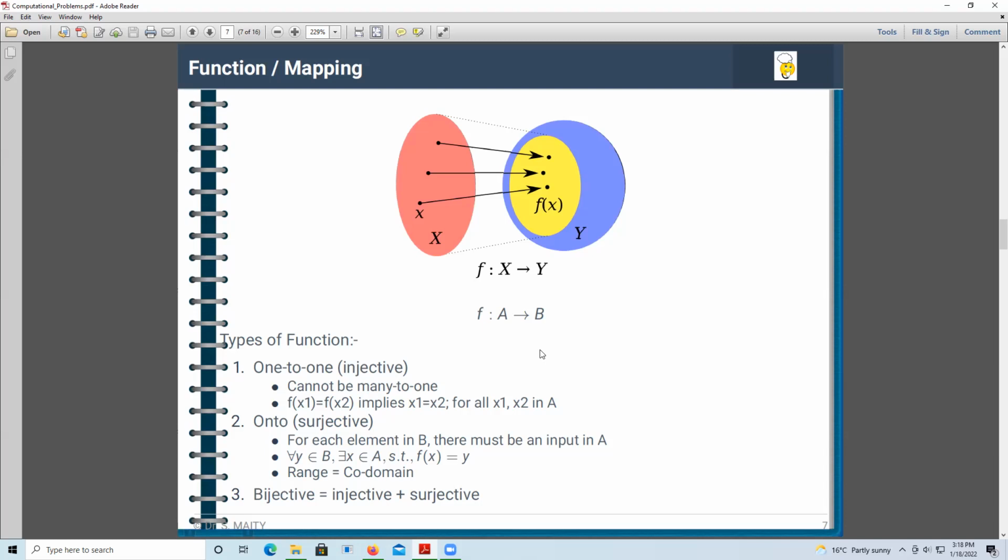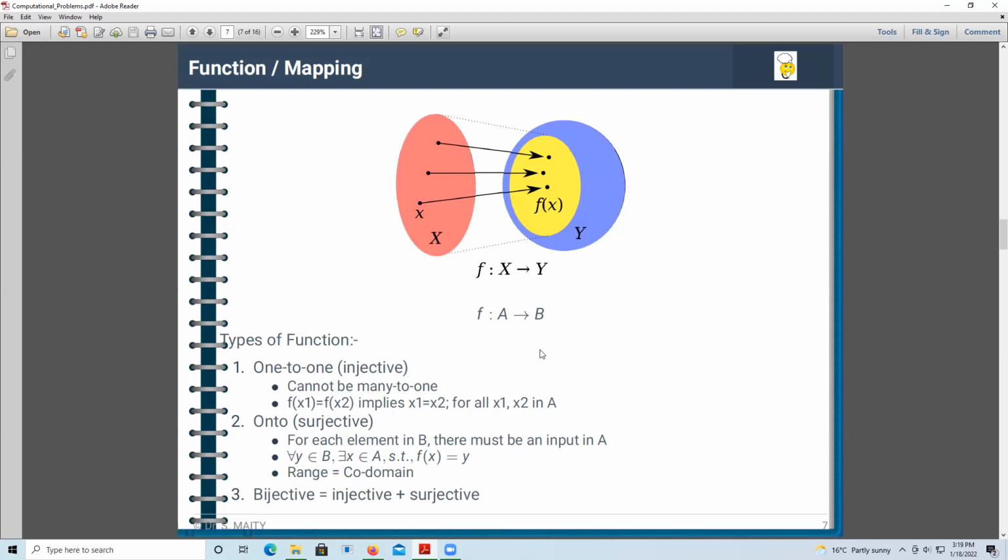That means all functions need not be either one-to-one or onto, but these are special functions. One-to-one is a special type of function. Special meaning, it must satisfy all the properties of a function first. Then it should also satisfy some additional properties. If it satisfies those additional properties, then we say that this is either a one-to-one function or an onto function.